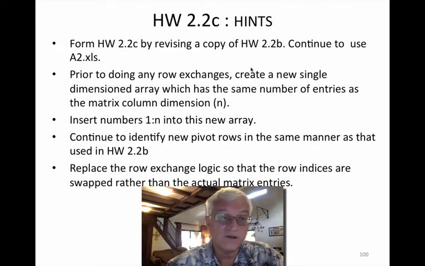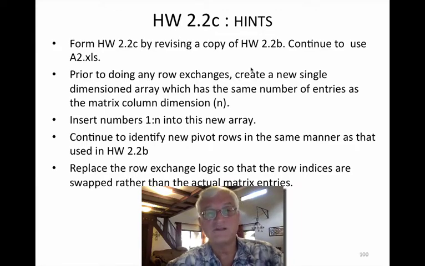So again, back to our example of exchanging row 1 with row 3, you would take the first position of your index array and you would save it somewhere in a temporary variable. Let's call it t. Then you would take the third position of this index value, take its value, and move it to 1. So you're clobbering the first position with the third position. But you saved that first position in this variable t, and you take it and put it into the third position of your index array.